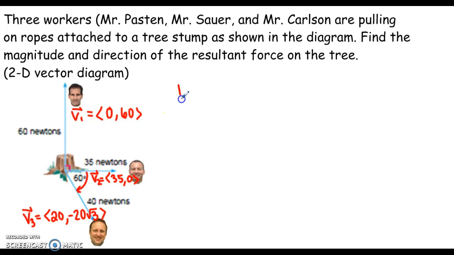So our resultant that we're looking for, its components are the sum of all the horizontal components, and the vertical component is the sum of the 3 vectors' vertical components.